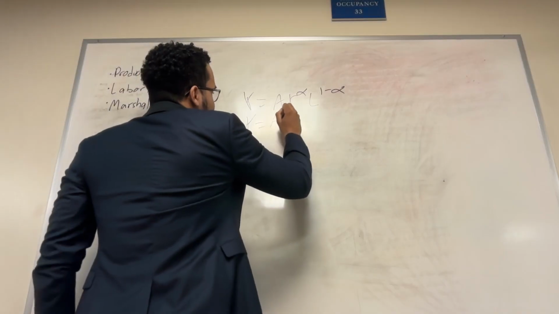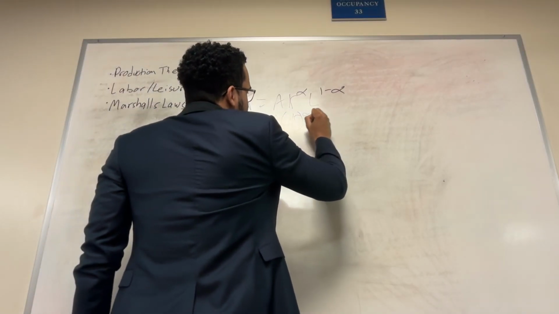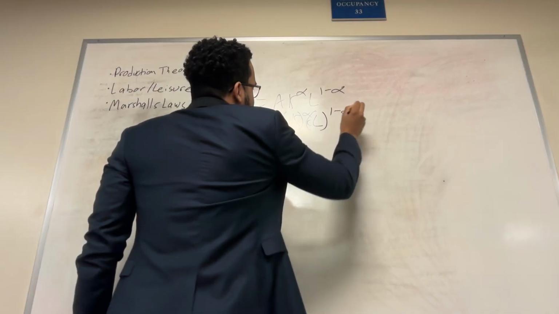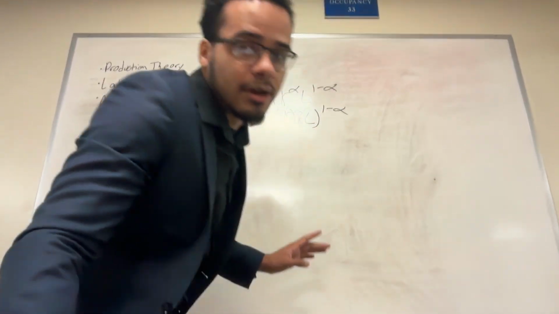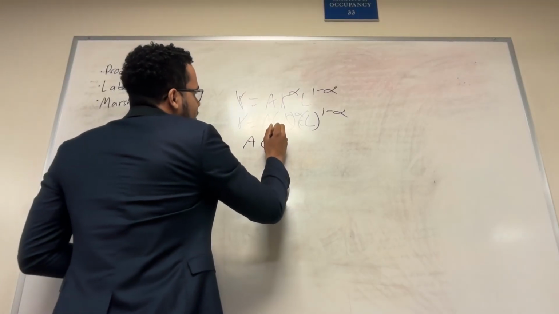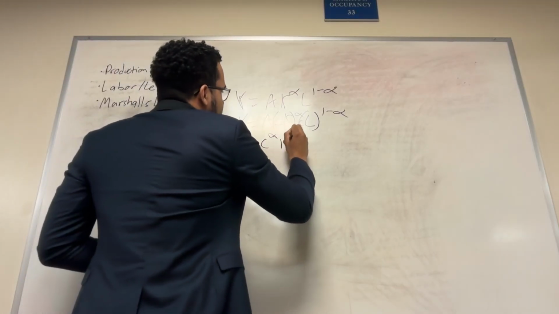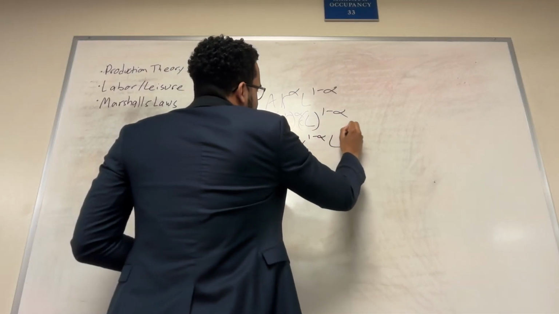So we increase each factor of production by a factor of C, right? Essentially, we get something that looks like this: A, C to the alpha, K to the alpha, times C to the 1 minus alpha, L to the 1 minus alpha.